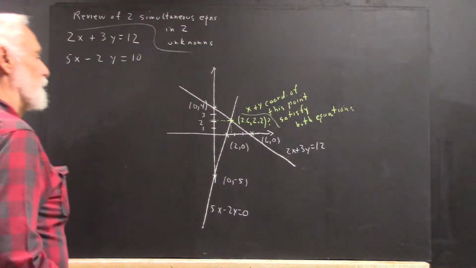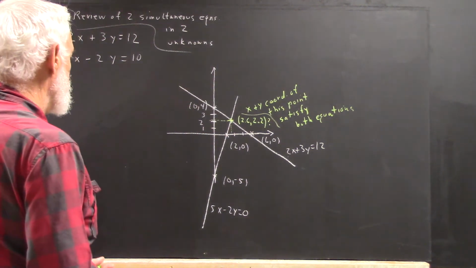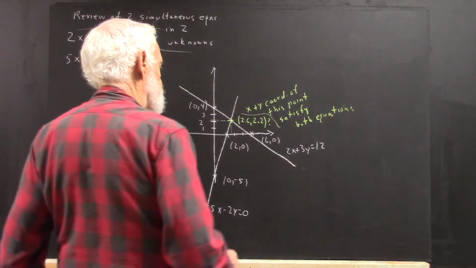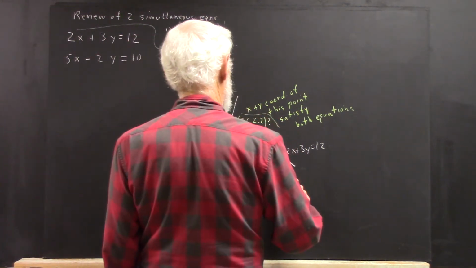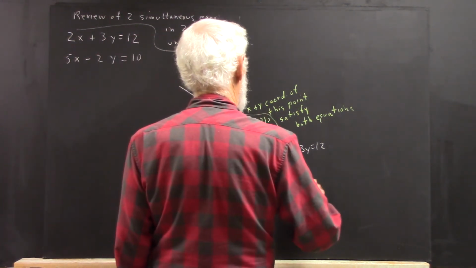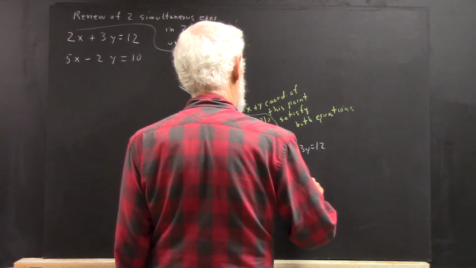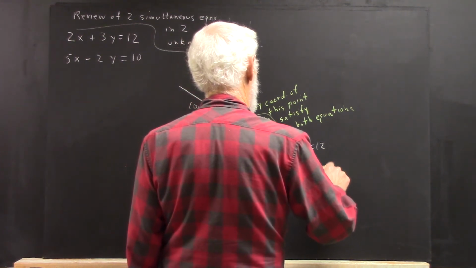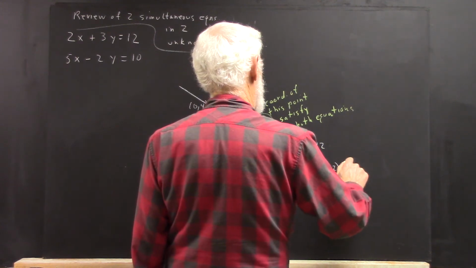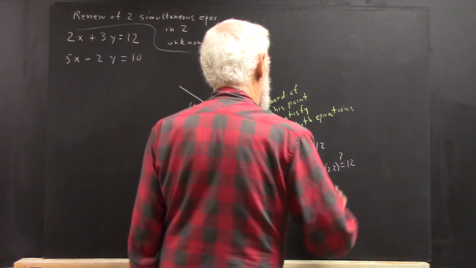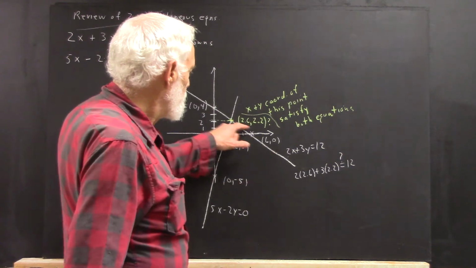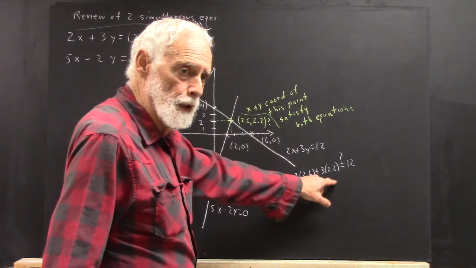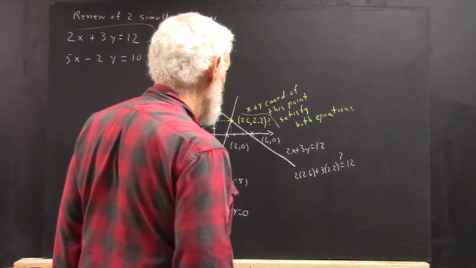So are those the coordinates that satisfy the equations? Well, let's see if they work. Now we got the equation 2x plus 3y equals 12. If these coordinates work, then plugging 2.6 in for x and 2.2 for y, as we've done here, should give us a result close to 12.